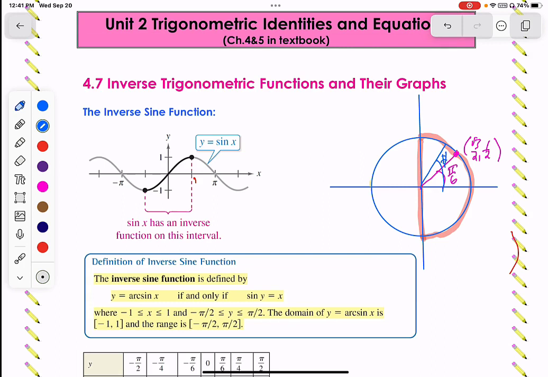In the case of the sine function, we have restricted the range. The domain can be between -1 and 1, but the range can only be between negative pi over 2 and pi over 2. And by restricting that range, we have unique values for the angle when we're asked what the angle is for a specific sine.